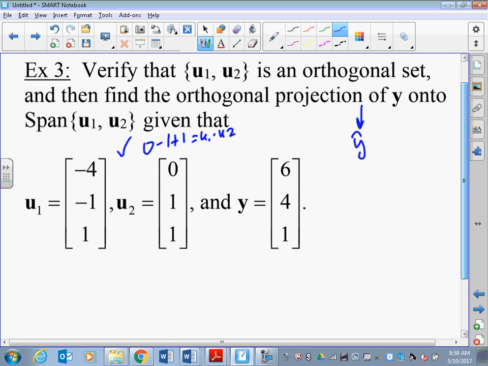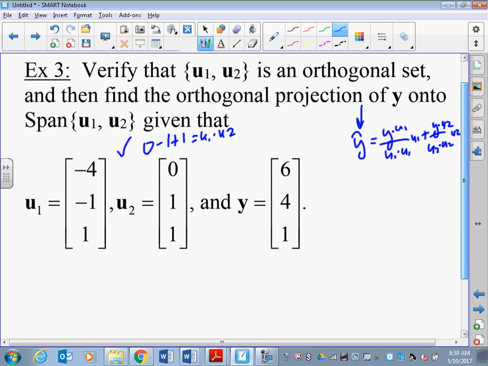So y hat is going to be y dotted with U1, over U1 dotted with U1, and then we're just going to write U1. And we're going to add that to the U2 stuff.